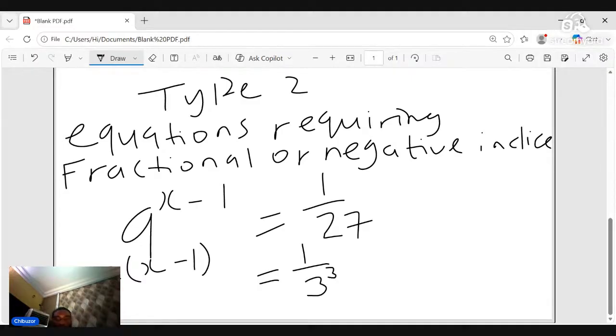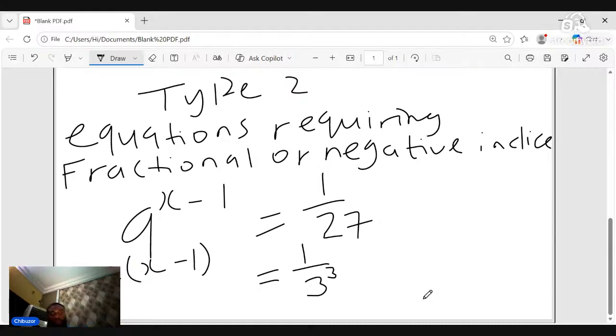I've solved this one before. I'll just use it as a demonstration for the first example of this type. So here we have (3^2)^(x-1) is equal to 1 over 27, which is equal to 1 over 3 raised to power 3.